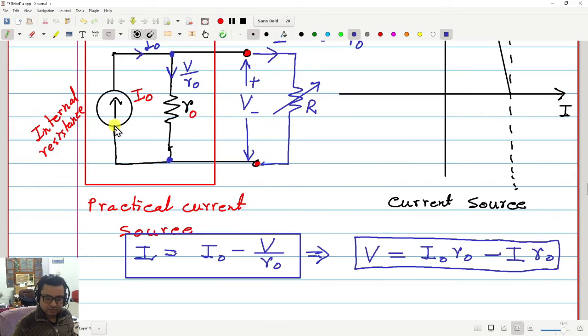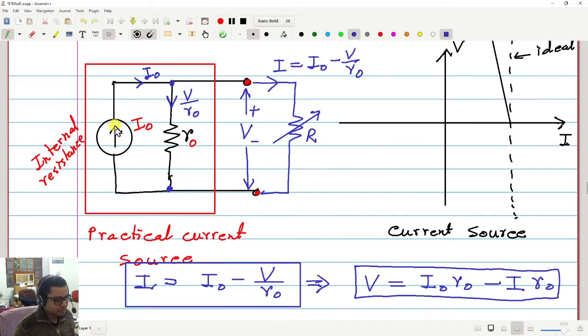Okay, sir. Sir, I have a doubt. Yes. Sir, in this equation, if I becomes 0, then what will happen? If I becomes 0, that means it is crossing the voltage axis. Is it possible or practically feasible? So practically, sir, I think there is no source at all.